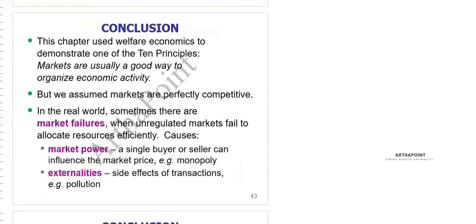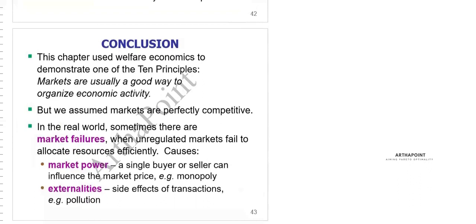Okay, now let's see what we have done. This chapter used welfare economics to demonstrate one very important thing, which is that markets are usually a good way to do economic activity. Markets, when kept to themselves, will make sure that you reach the right equilibrium.